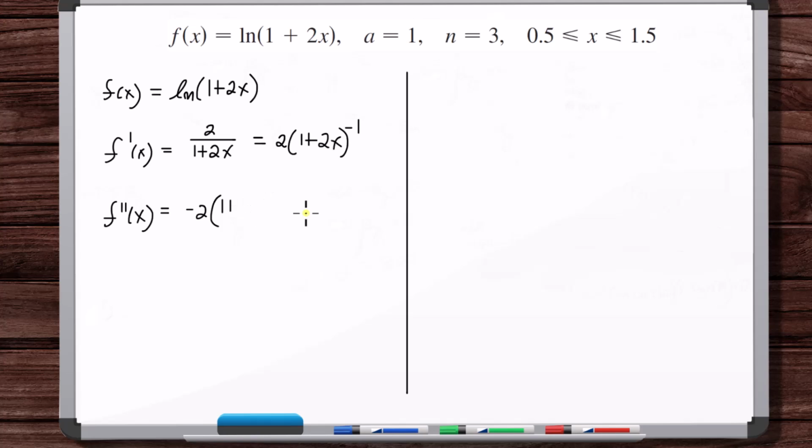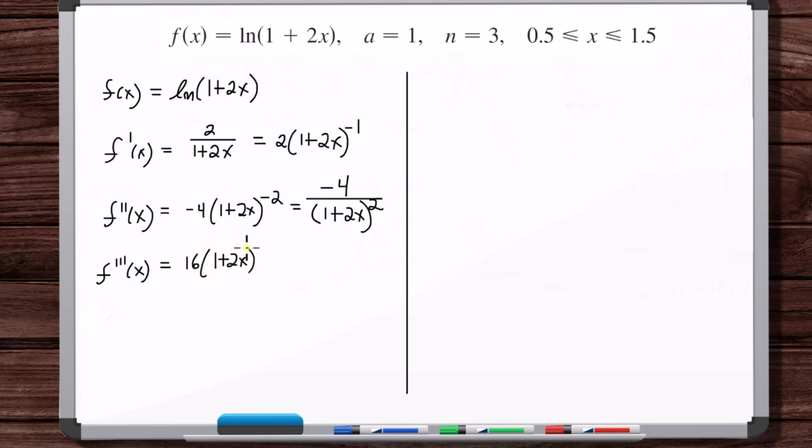Third derivative, we've got, so bring down the 2, that's positive 8, and then with the chain rule, we're going to get another 2, so it's going to be 16 times 1 plus 2x to the minus 2 minus 1, which is minus 3.